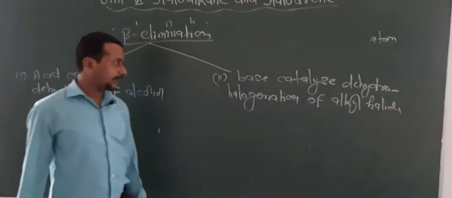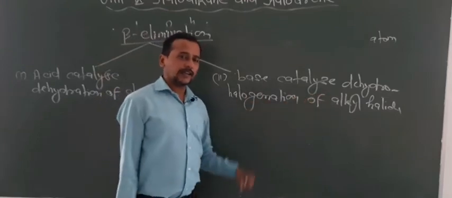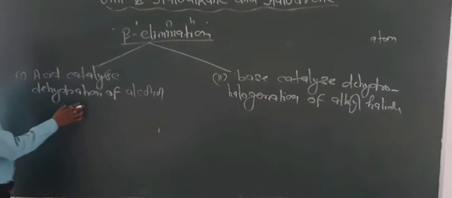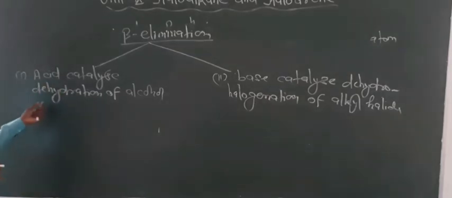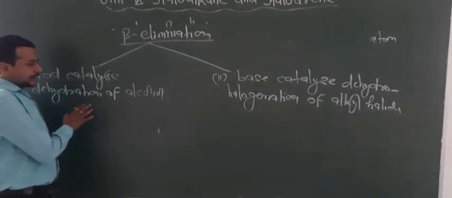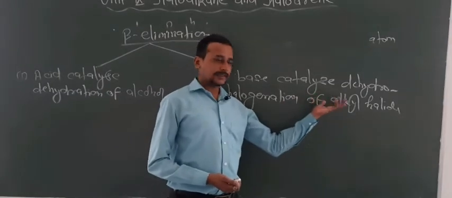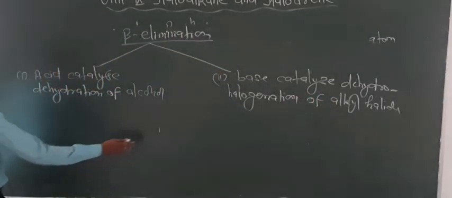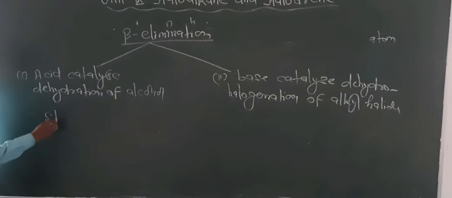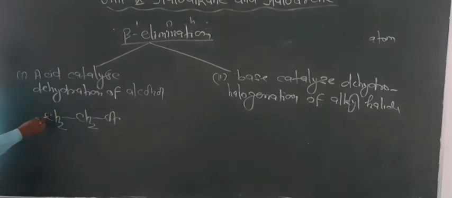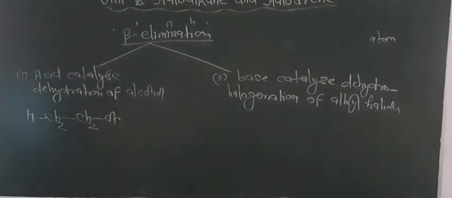That means here elimination of hydrogen and halide takes place, and in this case elimination of OH and H plus takes place. That's why it can form water. That means in this case the elimination of water takes place, and in the other case the elimination of HX takes place. So now look at the conditions. What happened basically? CH2 single bond CH2, this contains OH. Now what 1H you can write like this. So look at the conditions again.